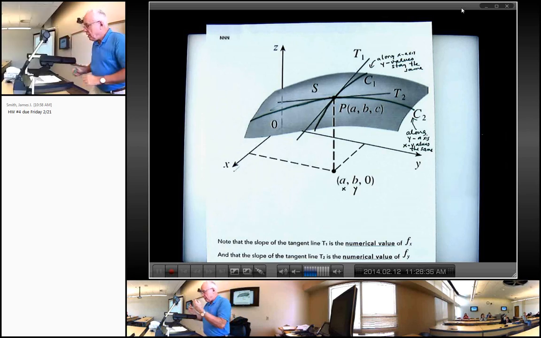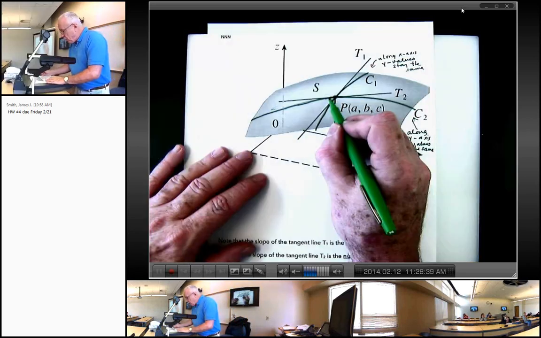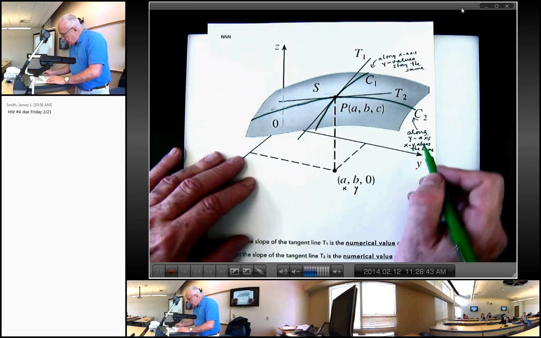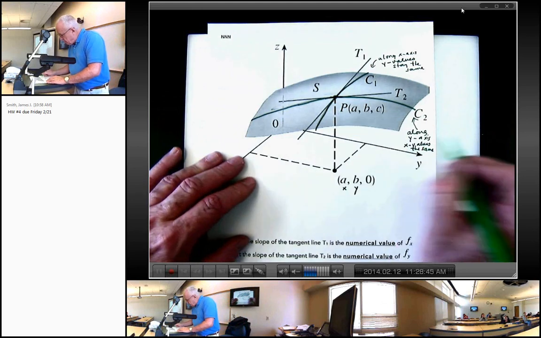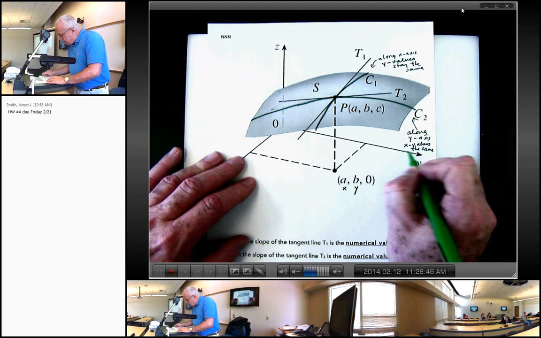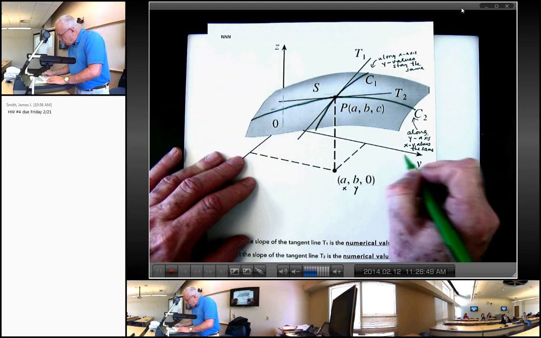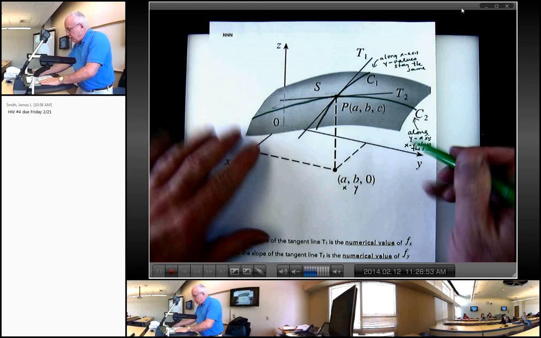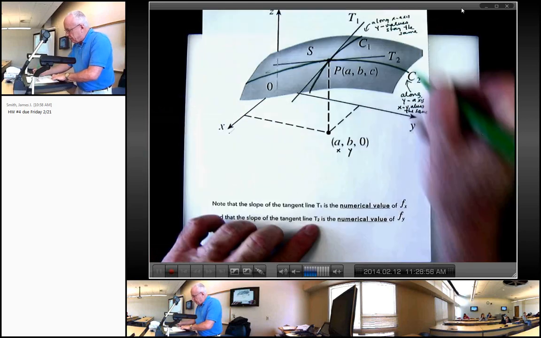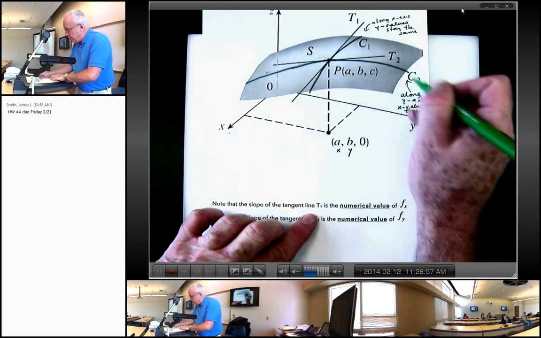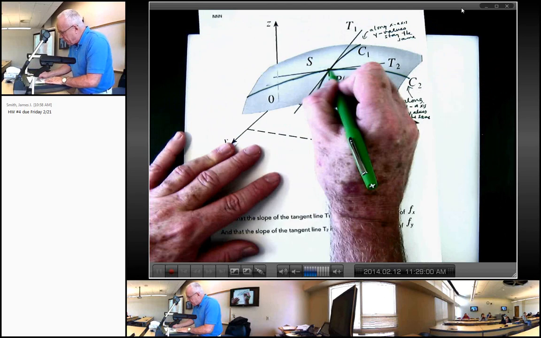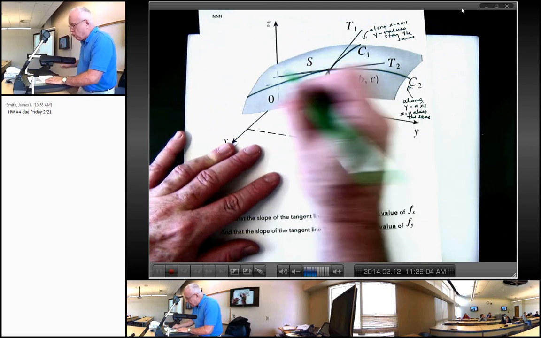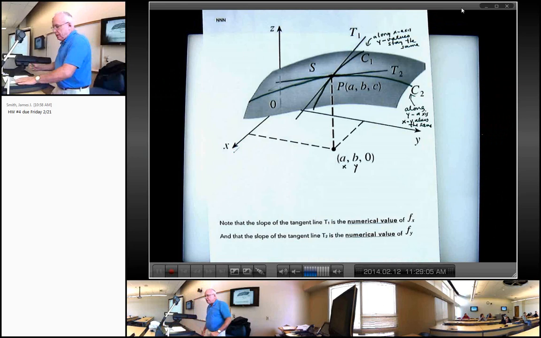Okay? So here, when we calculate the derivative, along the y-axis, the x values are staying the same. So up here, this is the tangent line that has that slope of the derivative.